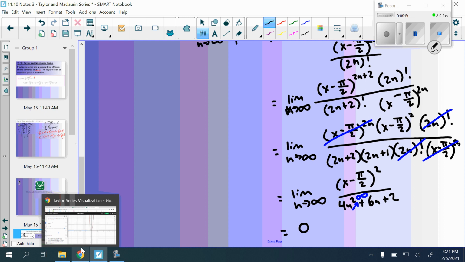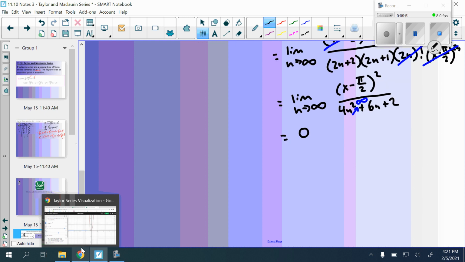So since it's going to 0, and that's less than 1 for our ratio test, this one is going to be convergent no matter what. So it's convergent for all x. Our choice for x isn't going to matter because this is going to 0 no matter what.